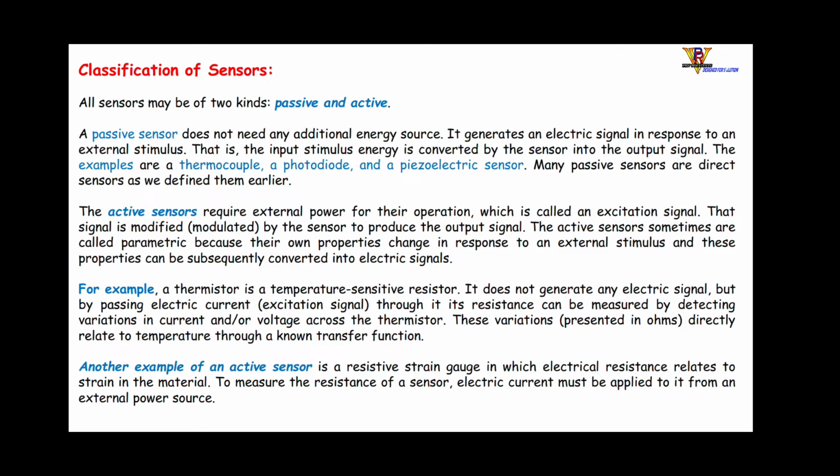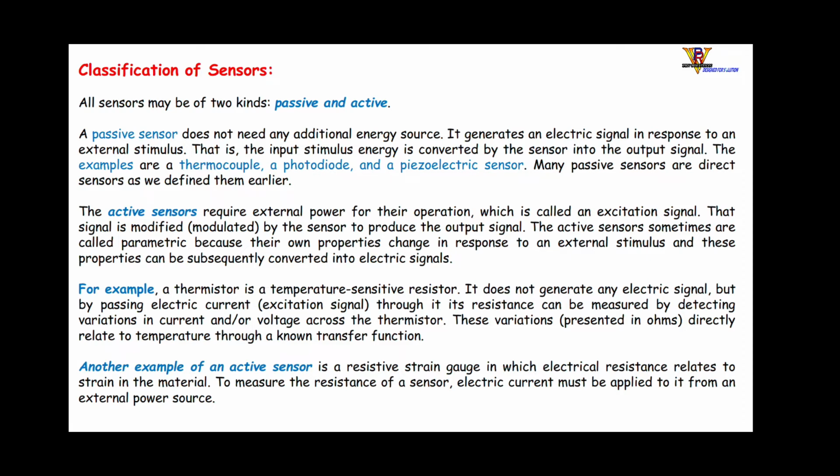To measure the resistance of a sensor, here we also require an electrical current that must be applied to it from an external power source. So these two, the thermistor and the resistive strain gauge, require what? An external signal, which is also known as an excitation signal. That's why they are also known as parametric sensors.